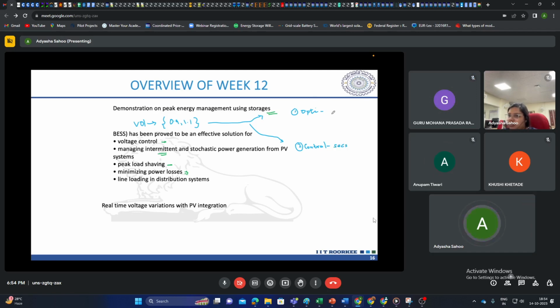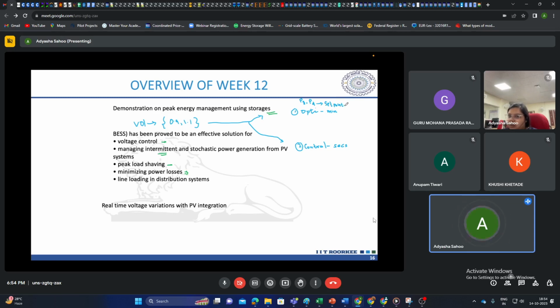So, in the first stage, depending upon the forecasted generation and forecasted demand, we run the algorithm or optimization model, and we receive the set points of operation for various devices in the system, right?